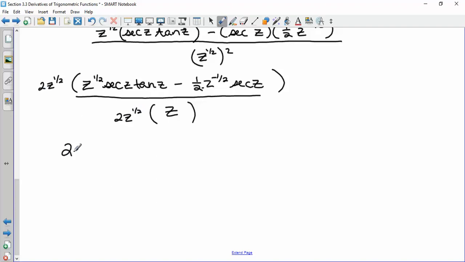When you multiply, you add exponents. So you get 2z, 1/2 plus 1/2 is just 1. Minus 2 times a half, that cancels. Z to the 1/2 and z to the negative 1/2 would be z to the 0, which is just 1, so those cancel.